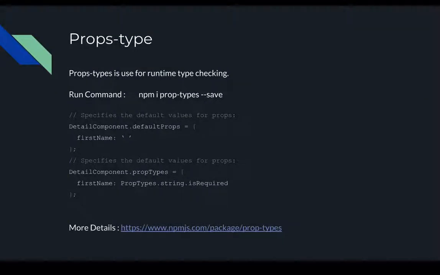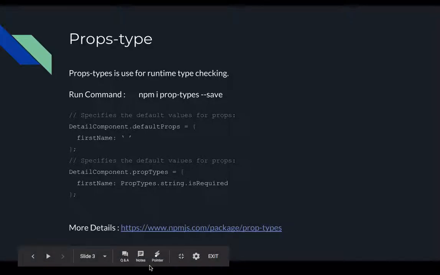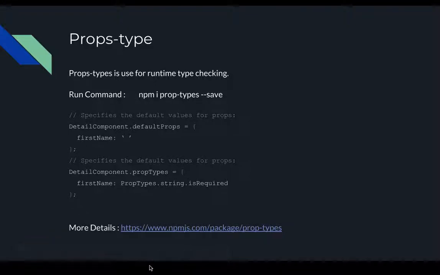Okay, the next one is prop types. Prop types is basically used to do runtime type checking. Runtime type checking means suppose you define some property like first name, and you want first name to be a string, or age to be numeric. You can define it so that the chances of getting a runtime error are very low.